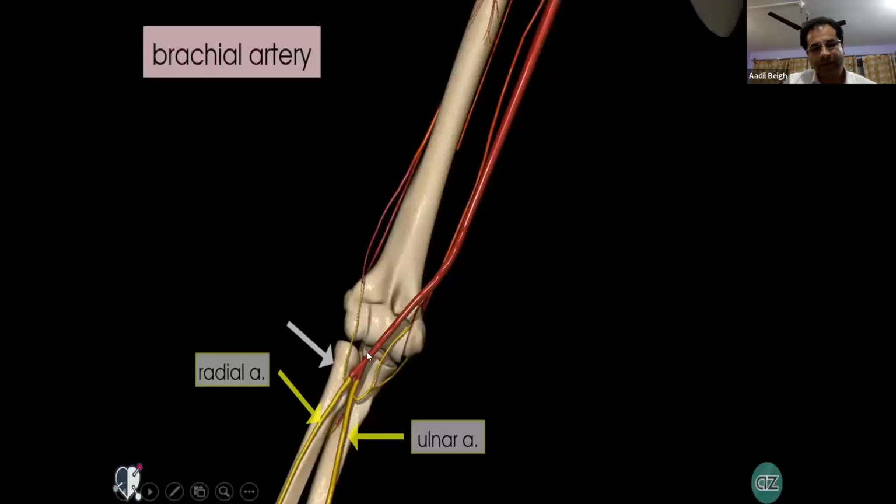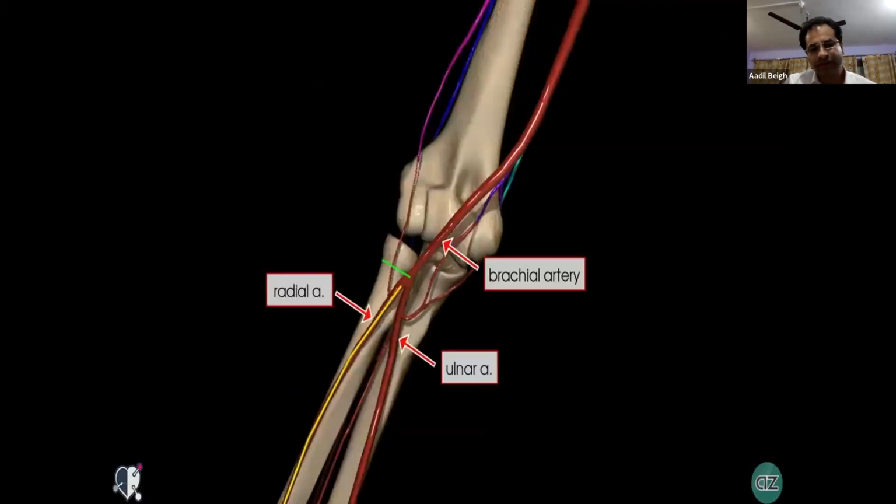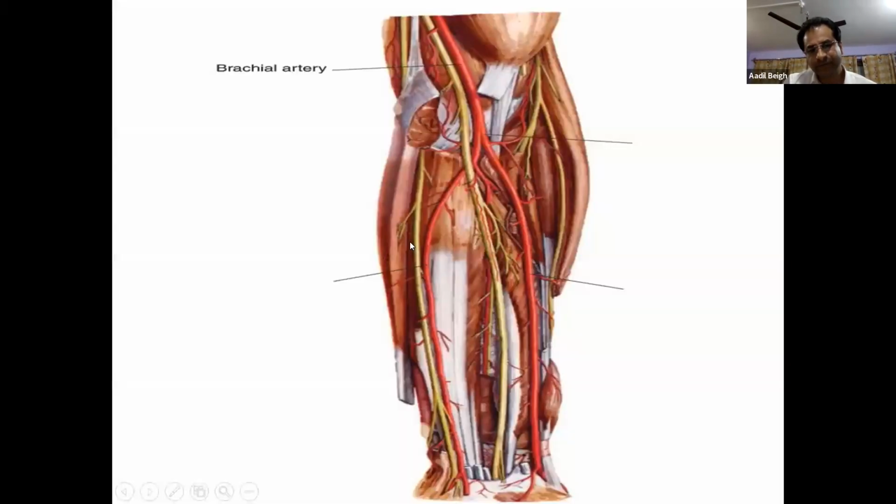And then the brachial artery divides into two. One is the radial artery and the second is the ulnar artery, on the lateral and medial side, which give multiple collateral branches, which rejoin the collaterals of this brachial artery.